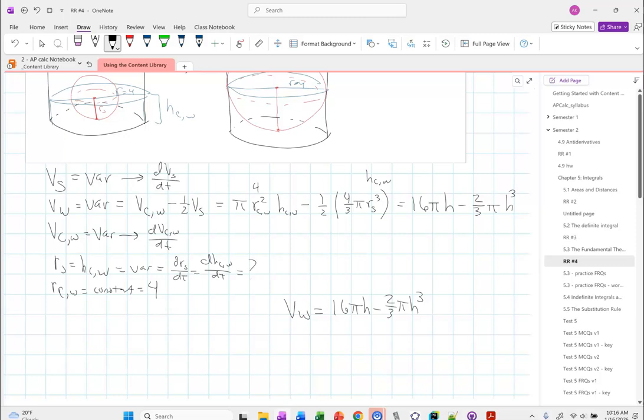This is what I was looking for. When the height is something. Is that what it says? The depth is 1, right? Okay. So now we can just differentiate.